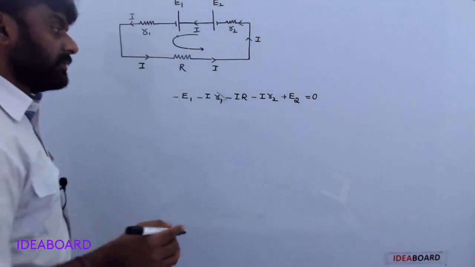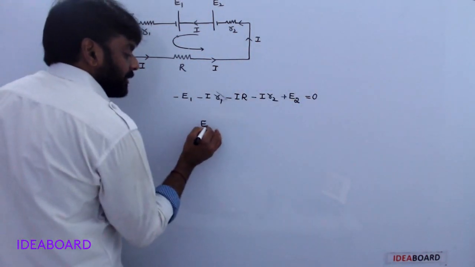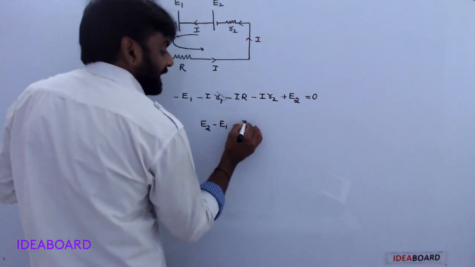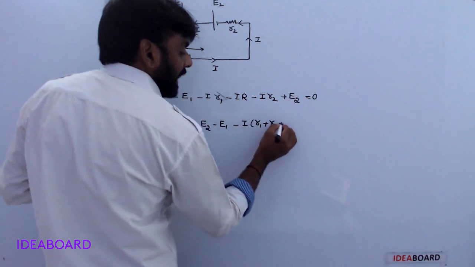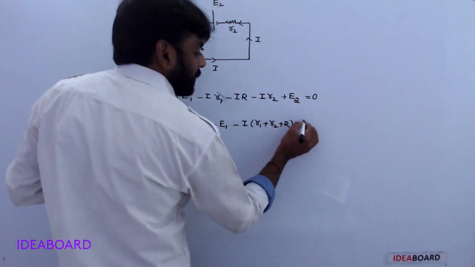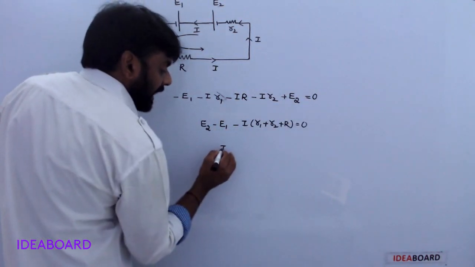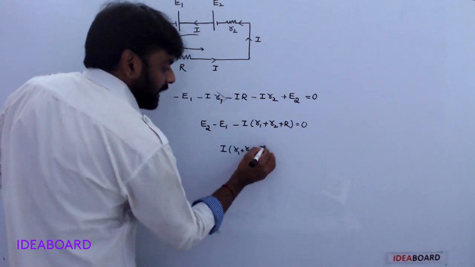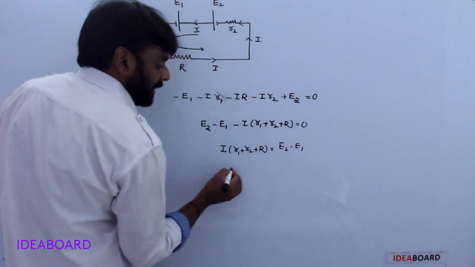Understood? Now it will be written as E2 minus E1 minus I, which is common, times R1 plus R2 plus R, is equal to 0. Taking it to that side, I times R1 plus R2 plus R is equal to E2 minus E1.